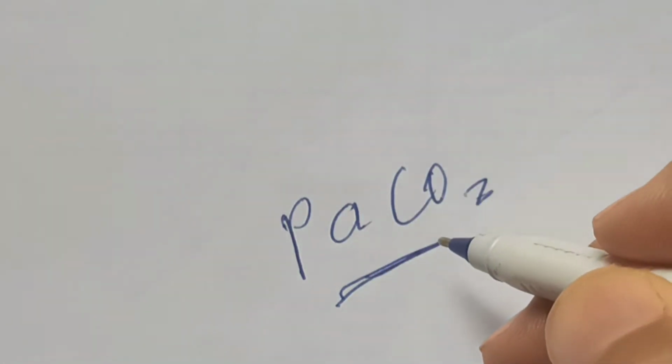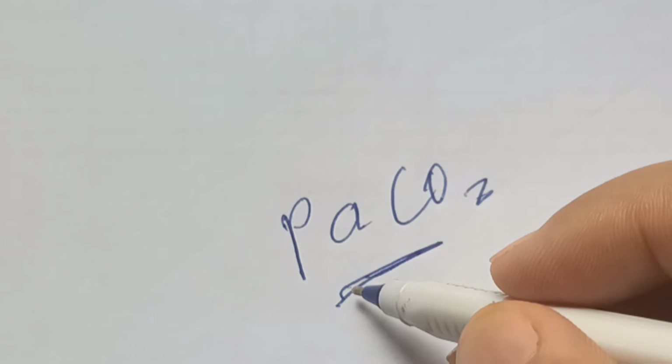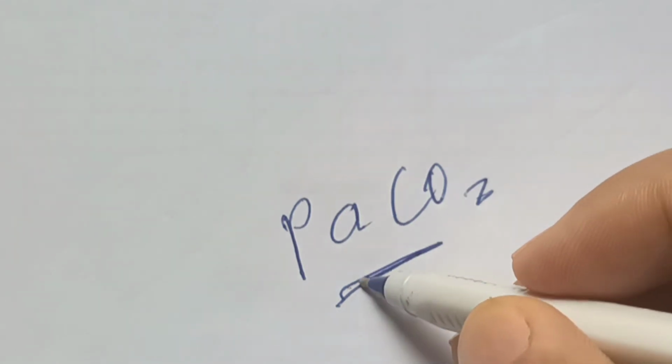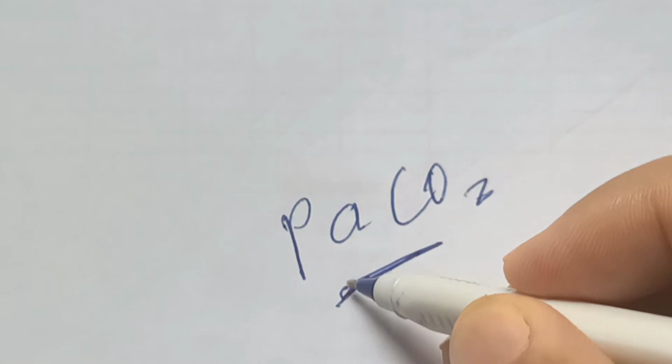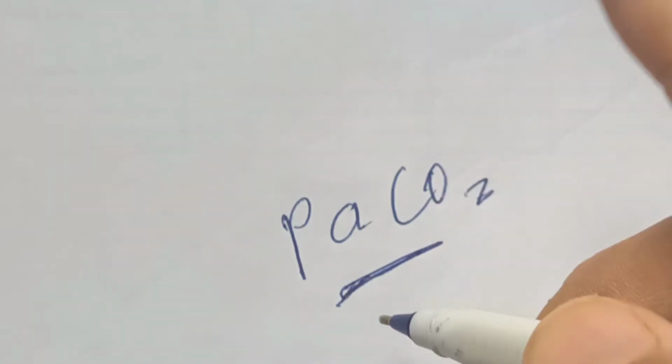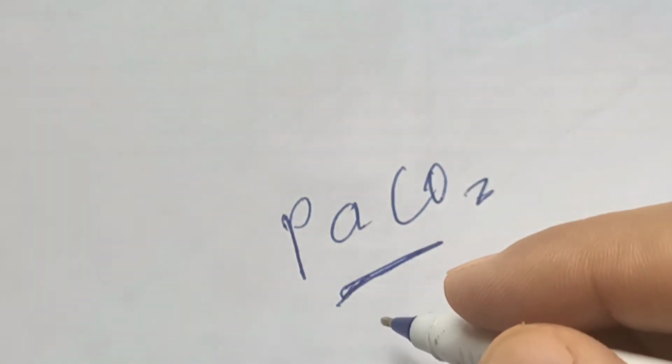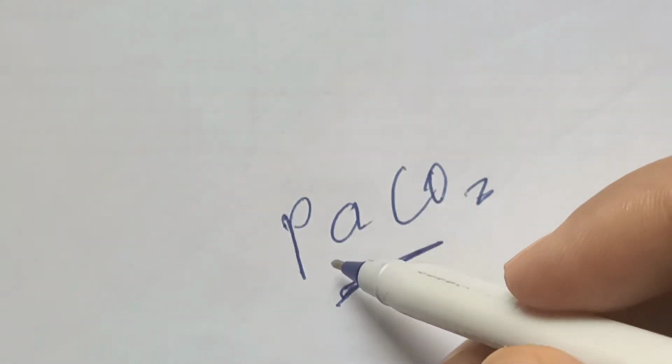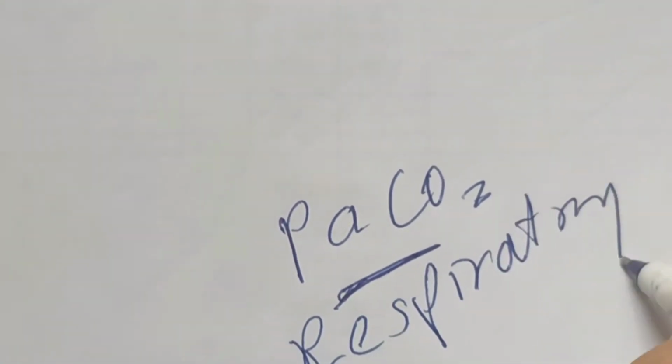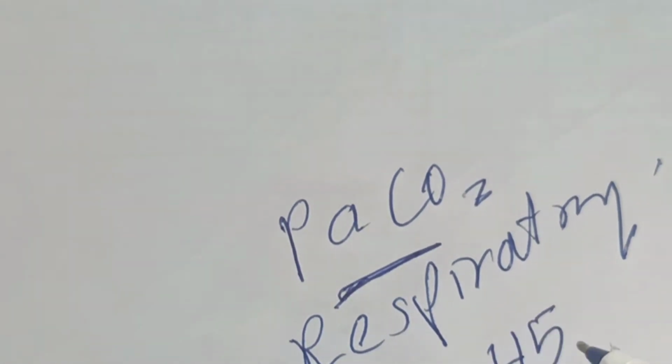Partial pressure of carbon dioxide measures the gas exchange, CO2, or the ventilation process. So it's related to the respiratory buffering system. The normal PaCO2 is 35 to 45.